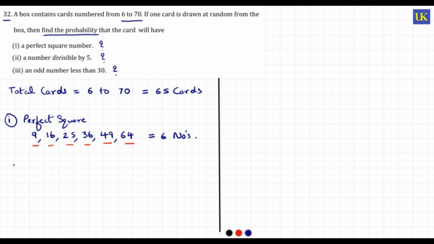So the probability of a perfect square is how much? How do we find the probability? The probability that the card is a perfect square: the formula is favorable outcomes upon total outcomes.